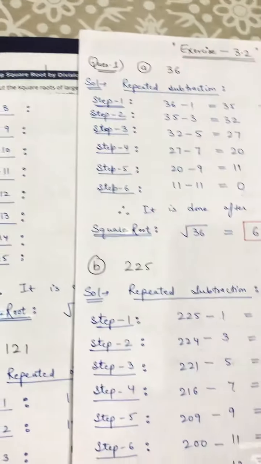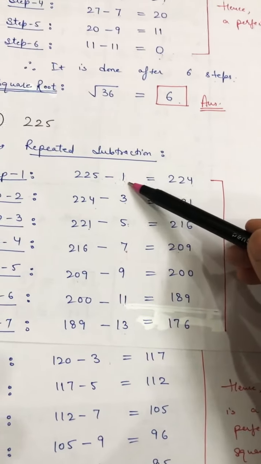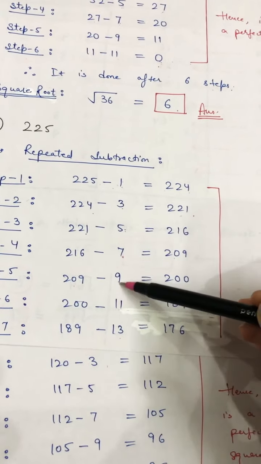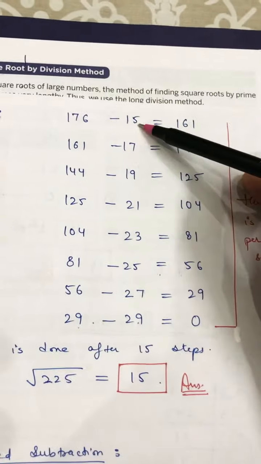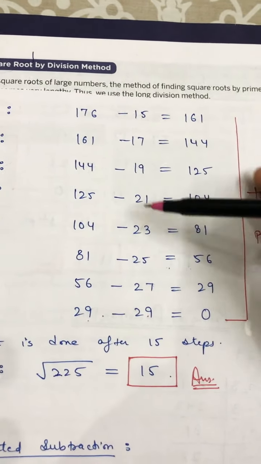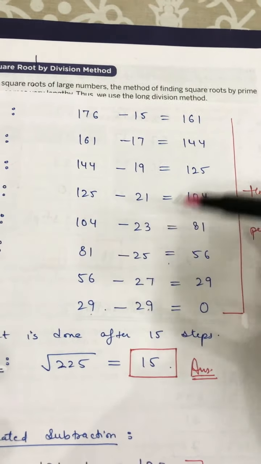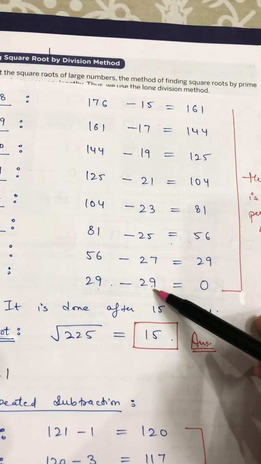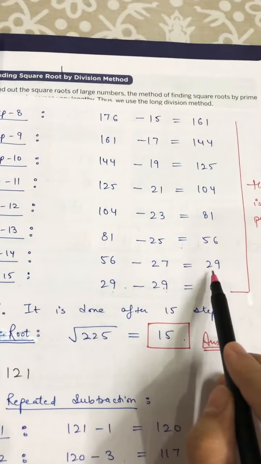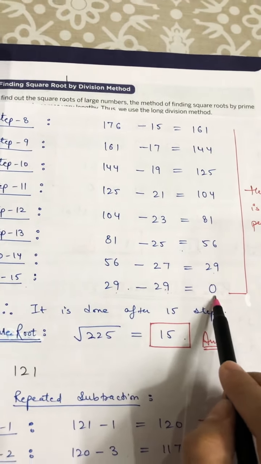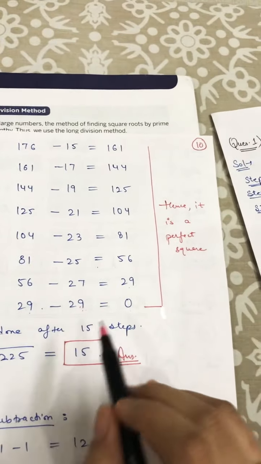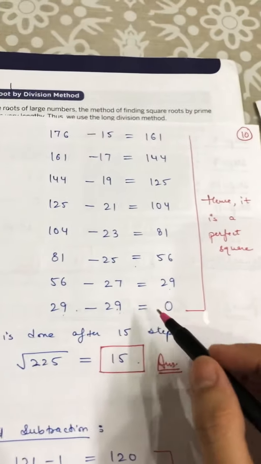Look here once. This is the first odd number 1, 3, 5, 7, 9, 11, 13. After 13: 15, 17, 19, 21, 23, 25, 27, and then 29. So here you got 29. Now 29 minus 29 is equal to 0. So now your answer is 0.